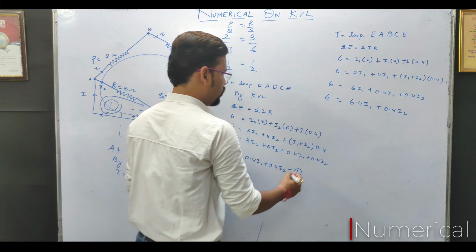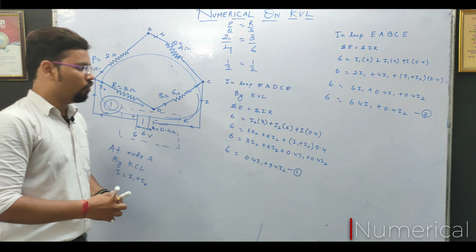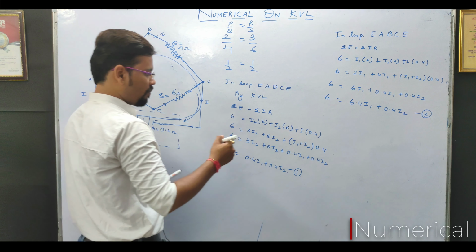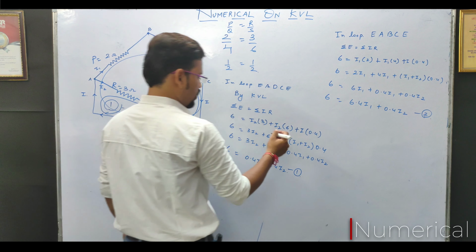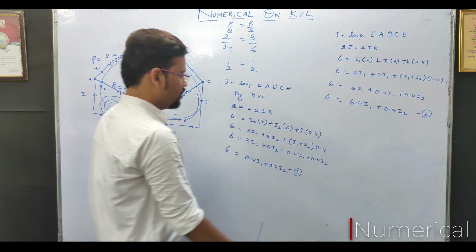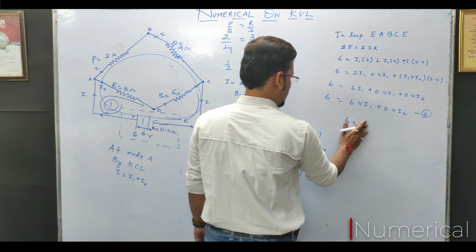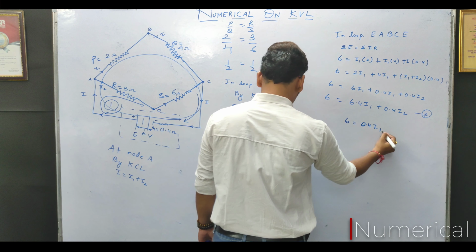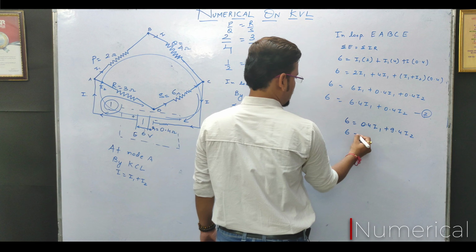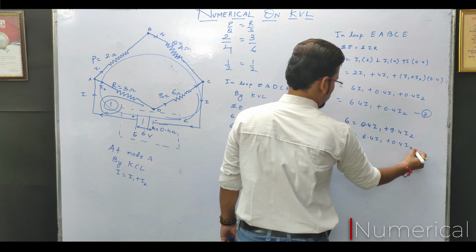So this is how we'll get two equations in terms of I1 and I2 by applying KVL in the two loops. On solving these two equations, we get the values of I1 and I2. First equation is 6 is equal to 0.4I1 plus 9.4I2, and 6 is equal to 6.4I1 plus 0.4I2.